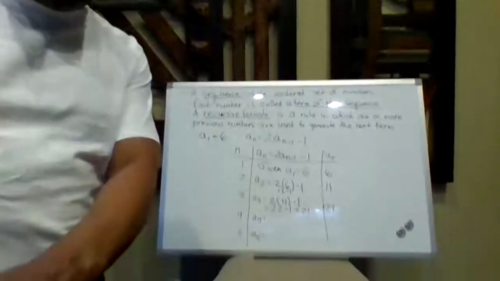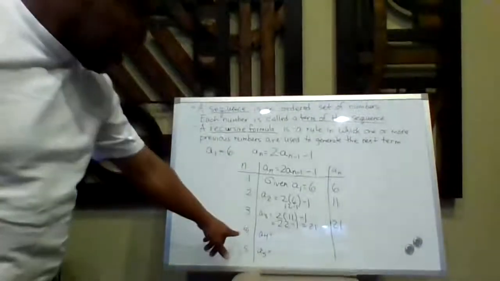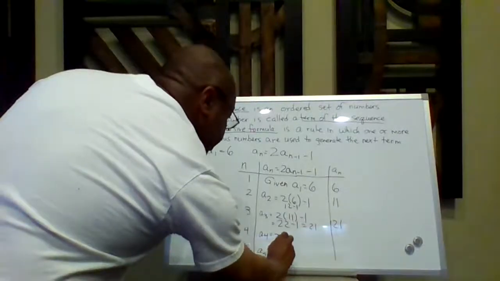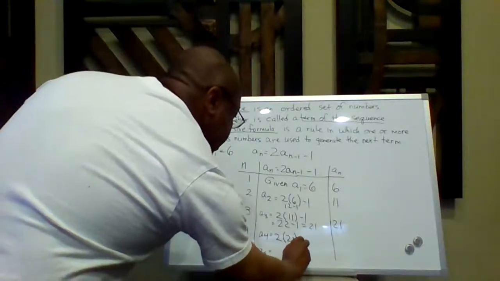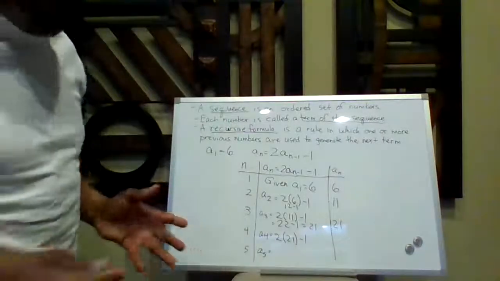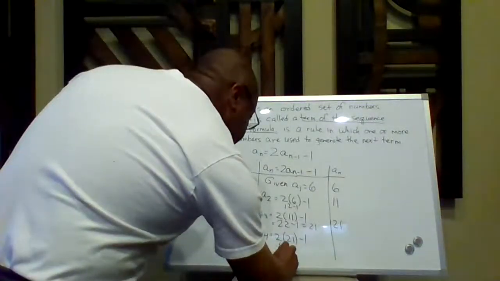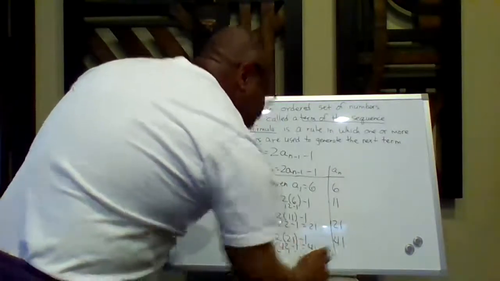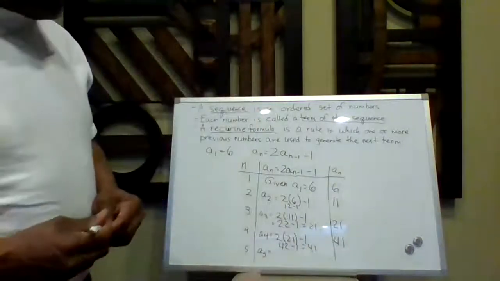A sub 4, we're looking at 2 times 21 minus 1. 2 times 21 is 42, so we have 42 minus 1, which will give us 41. So a sub 4 is 41.